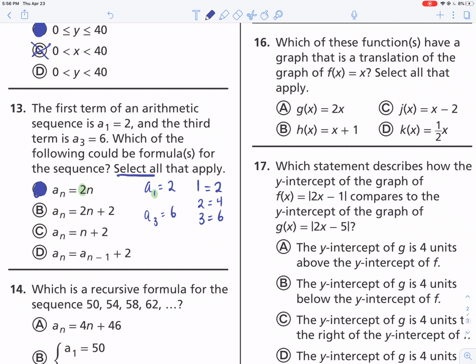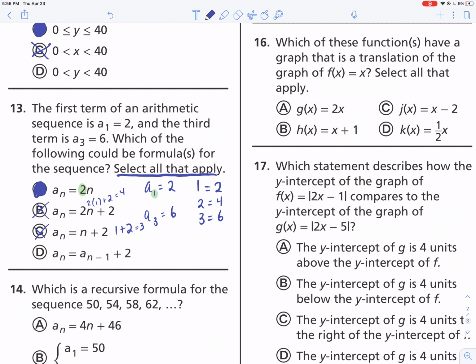But it says select all that apply, so that means we're going to have more than one. A good way to do this is to plug in the number 1 for n; you should get 2 out. If you did 2 times 1 plus 2, we get 4. That one's not going to work. This one, if you did 1 plus 2, would give us 3. That also doesn't work. And this one says a to the n minus 1 plus 2.